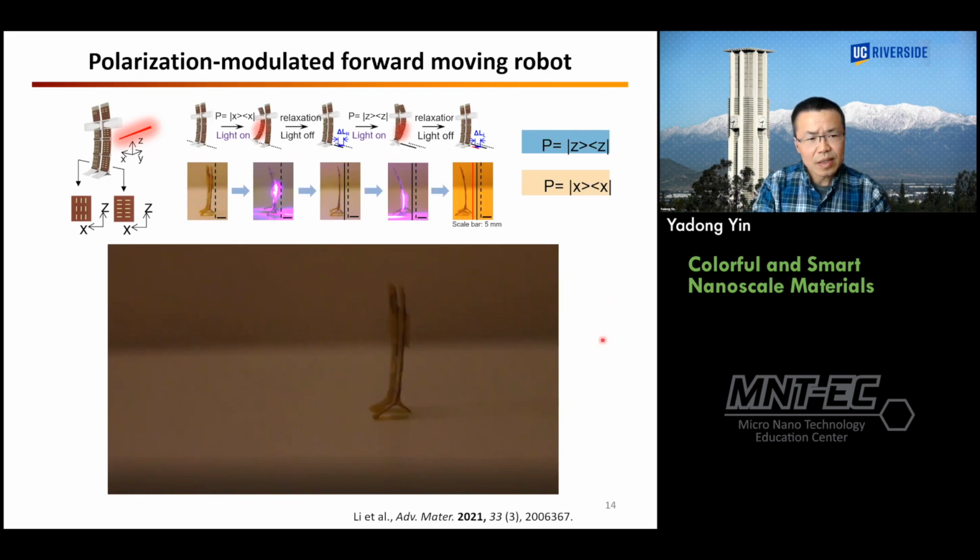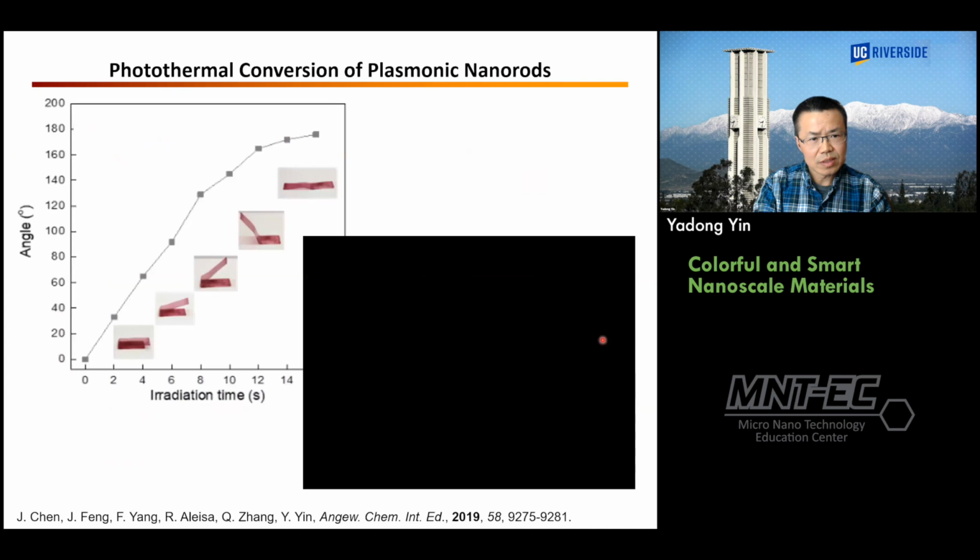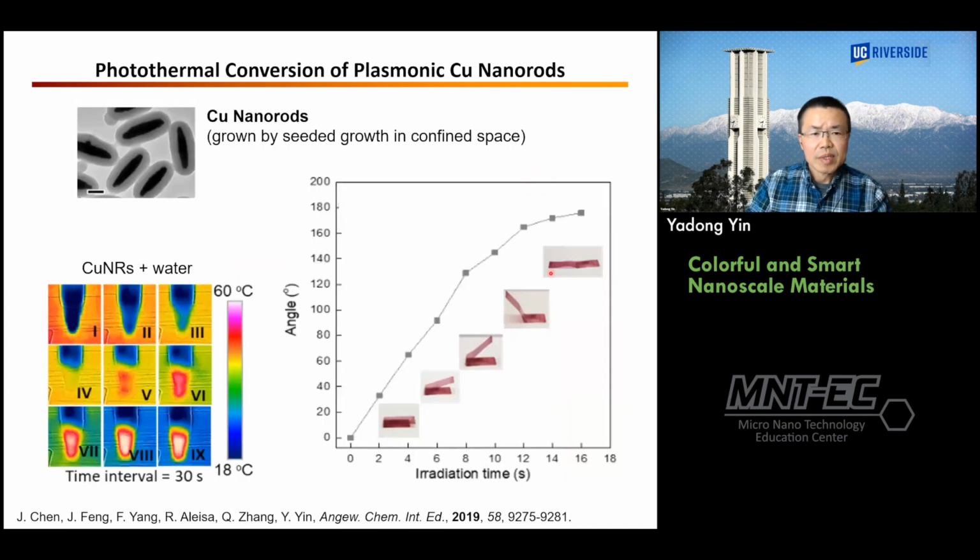If we use something like copper, as I showed in this case, copper is not chemically stable, especially if you make it into nanorods or nanostructures, so it can get oxidized relatively easily.